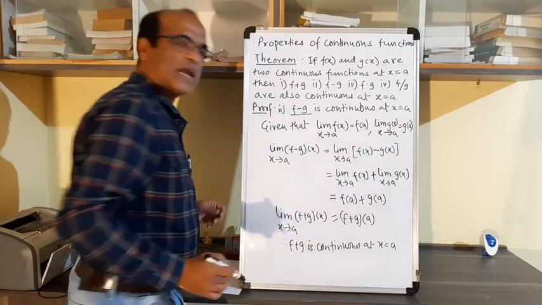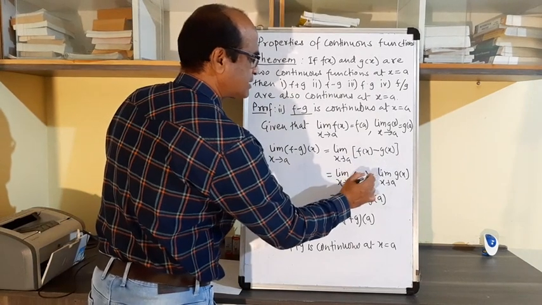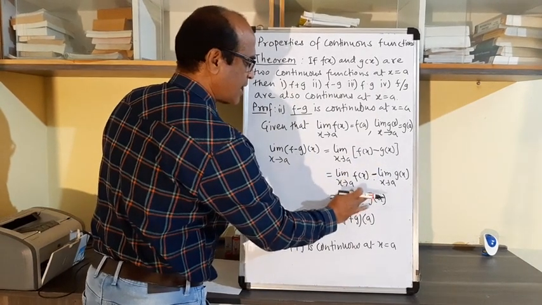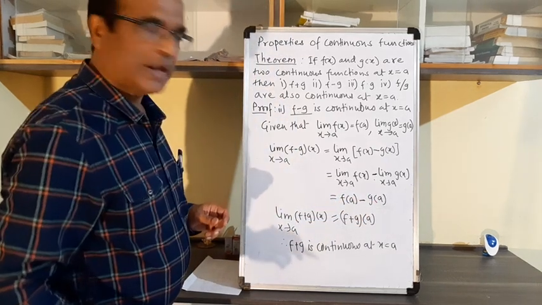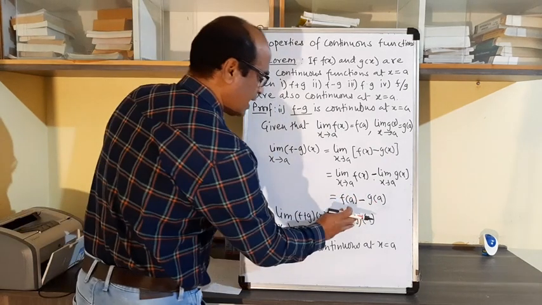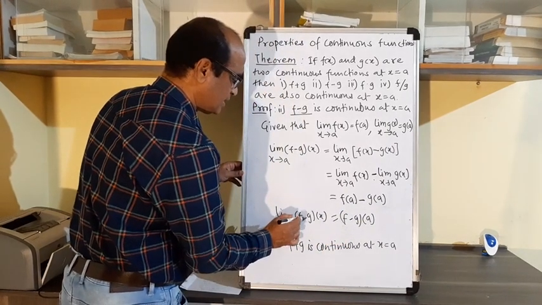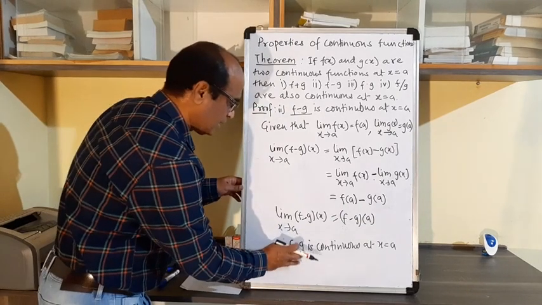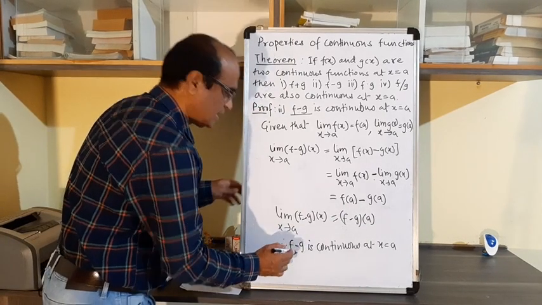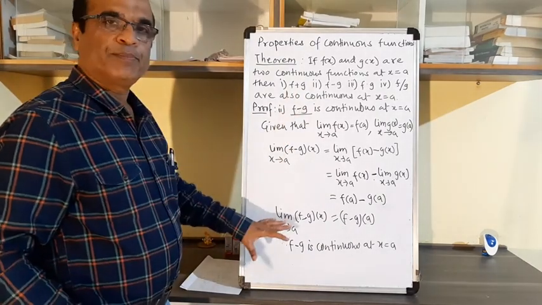Similarly we can write this as minus, and this is also minus. Then this can be written as f minus g. So similarly, the second result is that f minus g is continuous at x is equal to a. Okay. So this is a very simple proof.